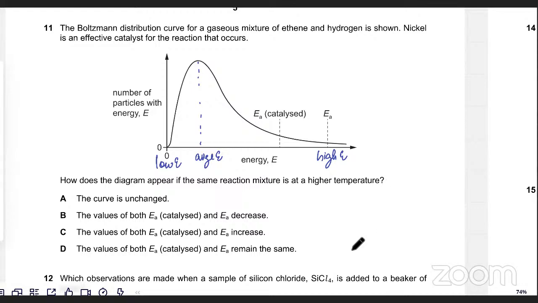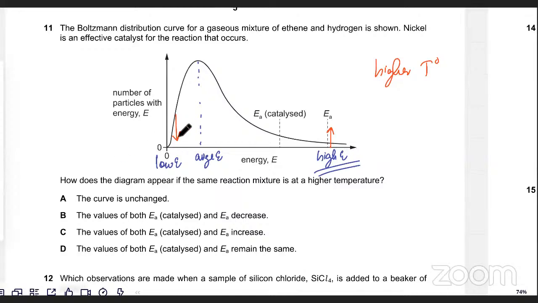At a higher temperature, the number of energetic particles increases. So the curve rises on the right side, and the number of particles having less energy decreases, so the curve drops on the left side. Is this clear? Yes, sir. So if you increase the temperature, you get more particles at higher energy and fewer particles at lower energy.